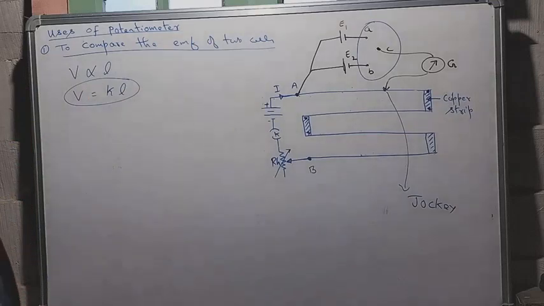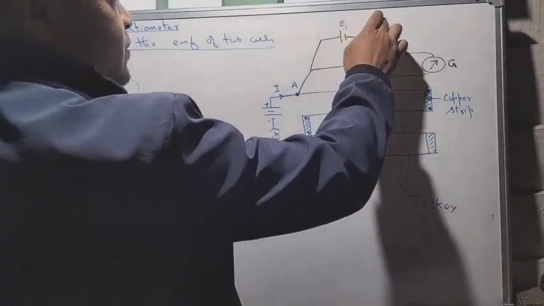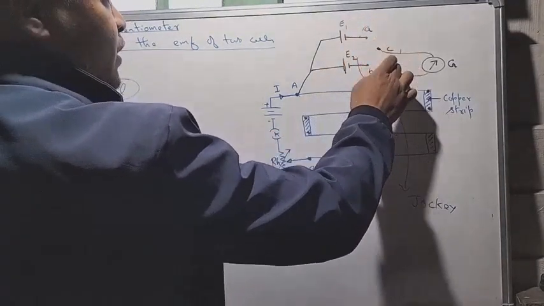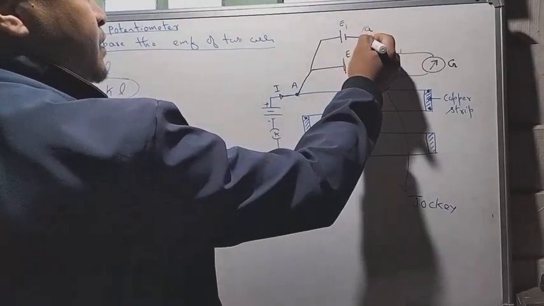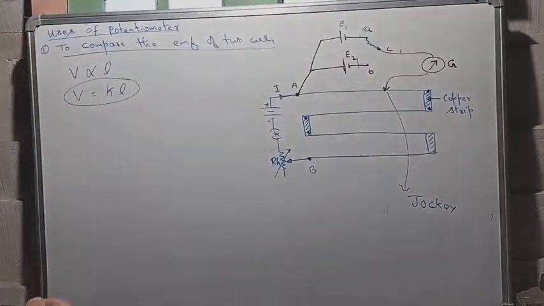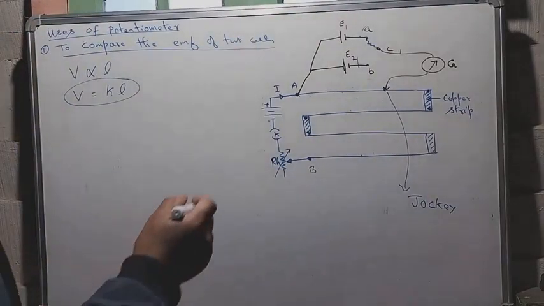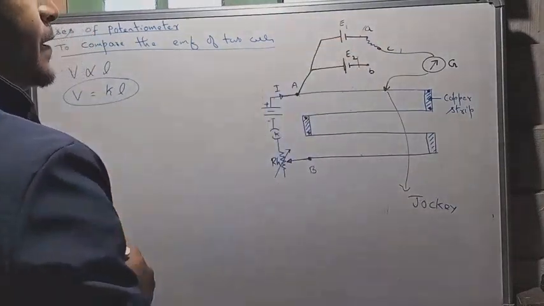Now, let me introduce the cell E1 into the circuit, by connecting the two points A and C. If you connect the points A and C, the cell E1 is said to be in the circuit.